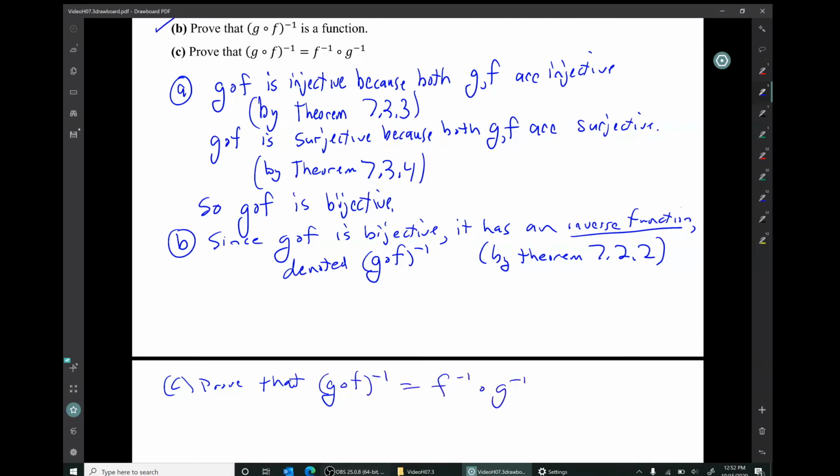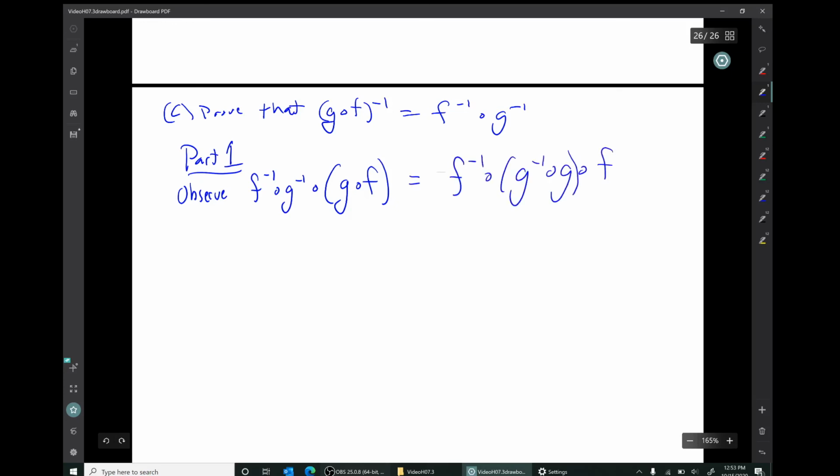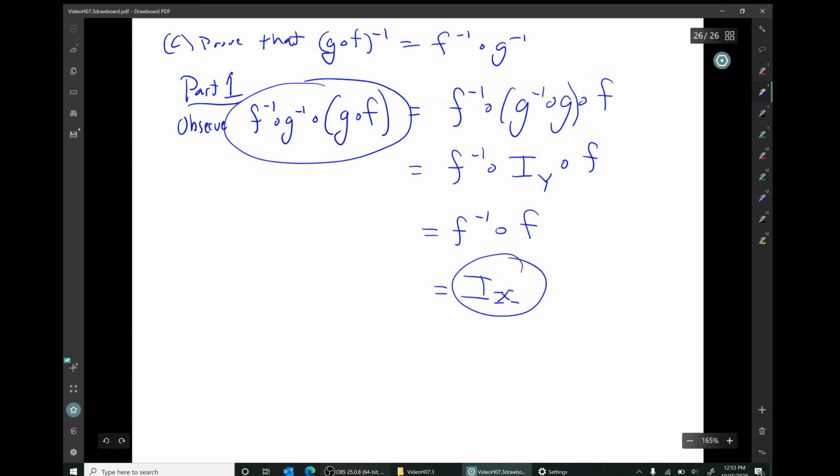So how do we do that? Well, the trick is the following. We're going to do a couple of compositions. So notice that if I compose in the following way, I get the identity map on the set X. Let's compose in the other direction.